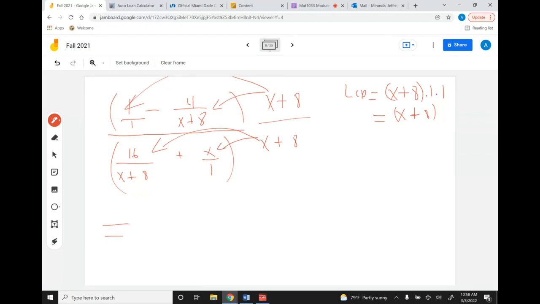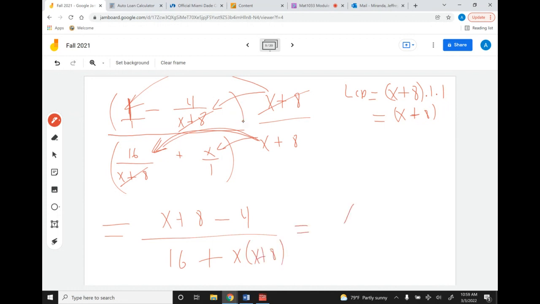So this is equal to 1 times x plus 8 is x plus 8 minus, this time this denominator cancels this, what's left is just the 4. You see? Now doing x plus 8 at the denominator here, so this cancels. So what I have left is 16 plus then x plus 8 times x.